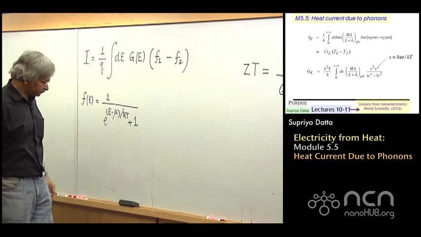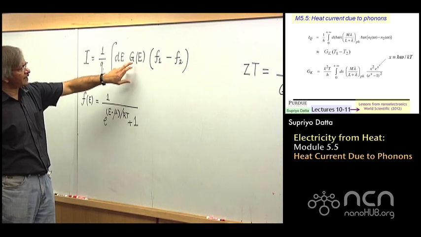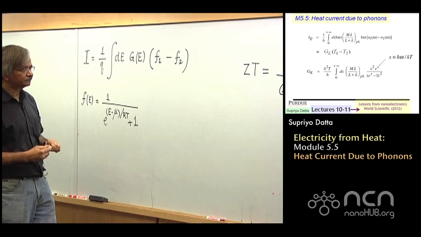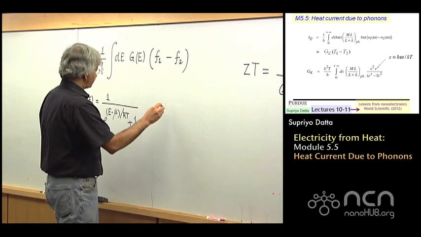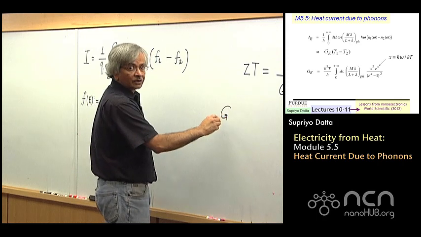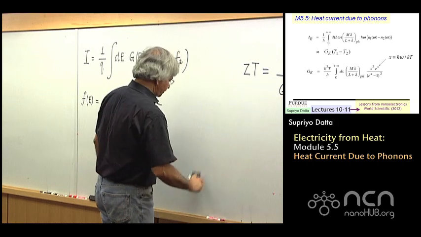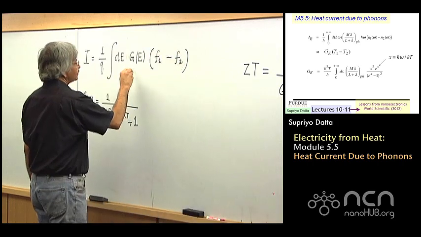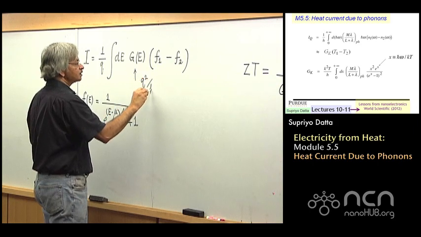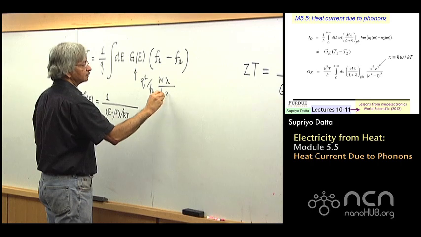Now, let me first write this expression for the conductance that we had earlier. If you remember, the conductance was written as q squared over h times M lambda divided by L plus lambda.